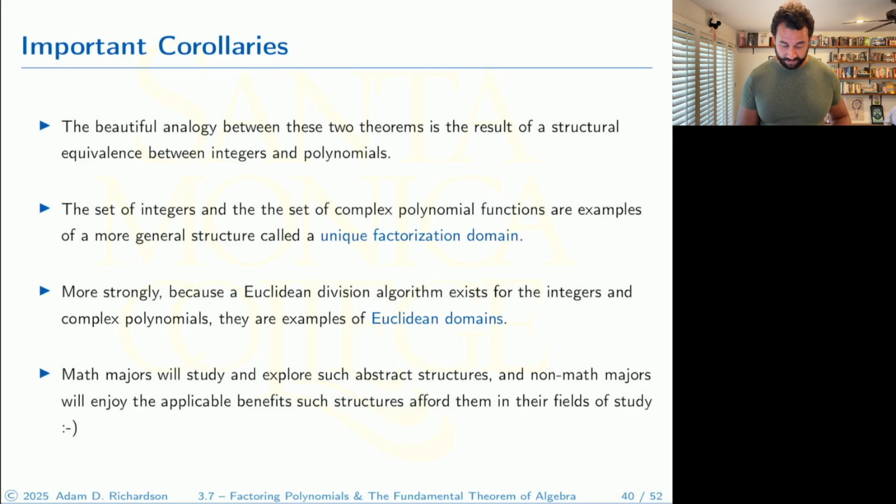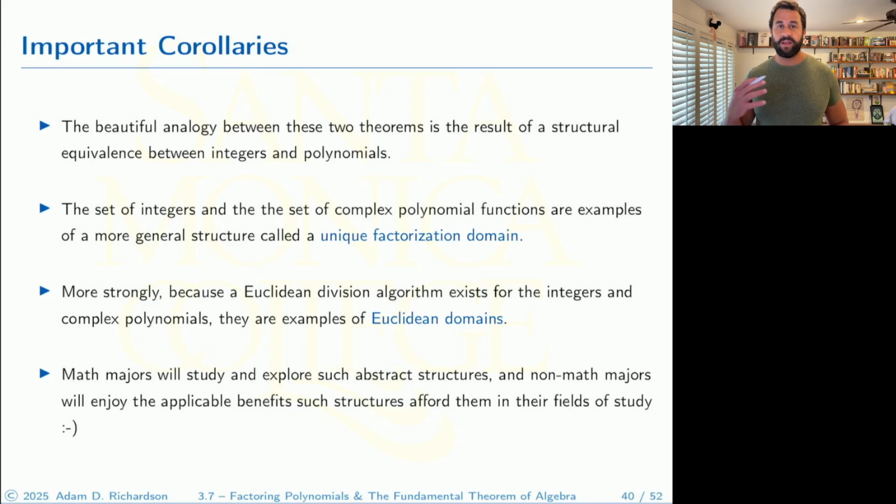Maybe to be a little more precise, the set of integers and the set of complex polynomials are examples of a more general structure called a unique factorization domain. And even more strongly, because each of these collections has a Euclidean division algorithm associated with it, they're part of an even more special structure called Euclidean domains, which can be generalized.